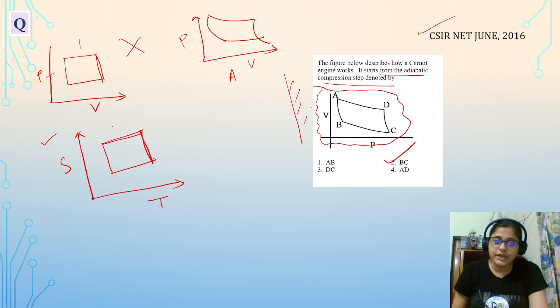Why? So in the isothermal case, let's say first step isothermal case, Q is now positive. It is a T-S graph. Let's say they have started with, they have not given a starting point. So in the first step we know dT, isothermal case, dT will be 0 and S will be positive.